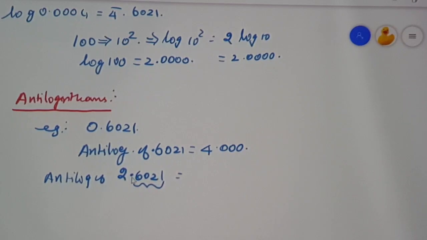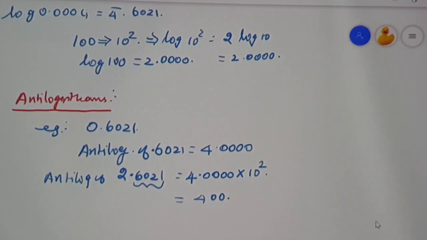After the decimal point, the answer is 4.0000. What about the characteristic part? That should be written as a power of 10: 4.000 into 10 power 2. So the answer is 400.